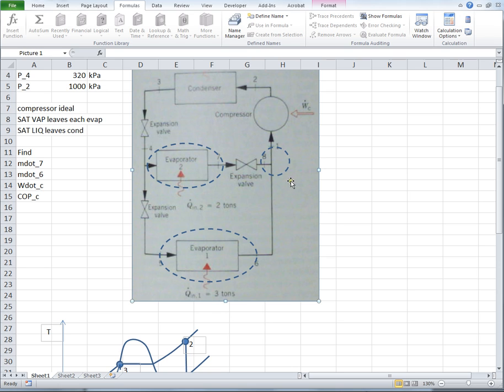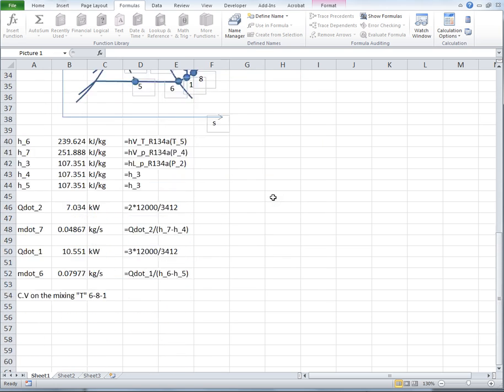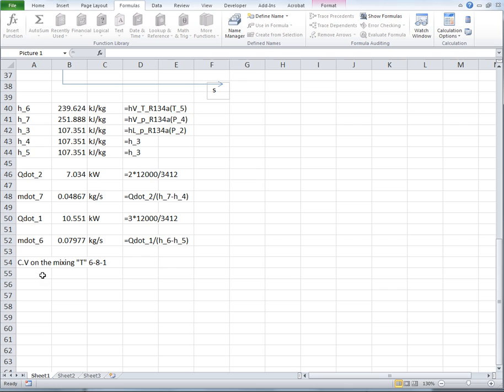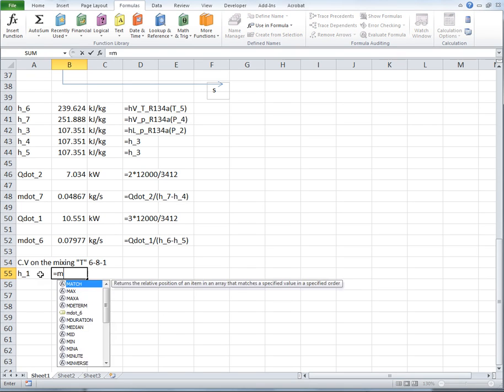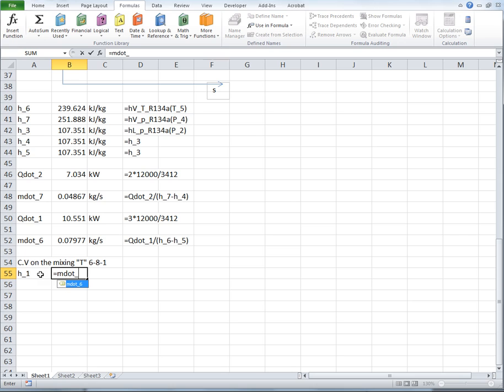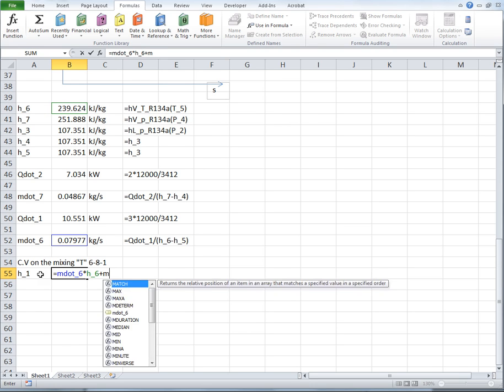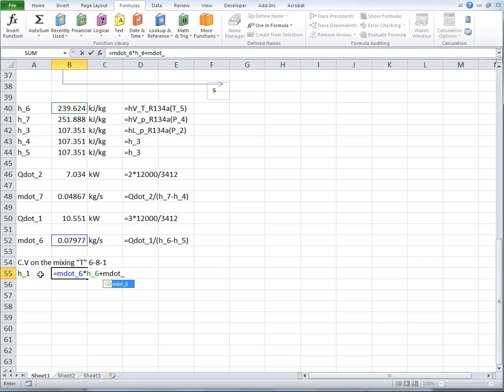There's no external heat transfer, so if we write our first law equation, it's just going to say that H1 is equal to the mass average m dot 6 times H6 plus m dot 7 times H8.